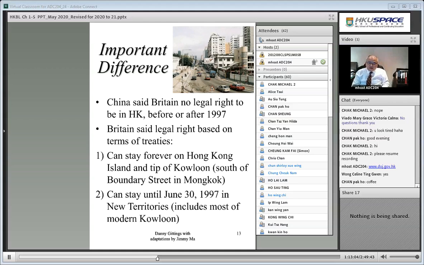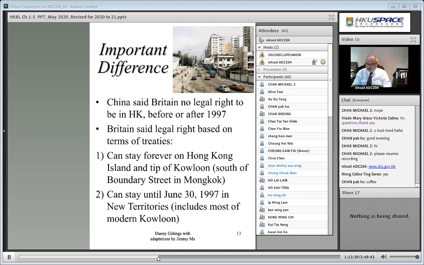Now, again, a little bit of history, just highlighting the respective positions of the two governments. China, of course, takes the position that Britain never had any legal right over Hong Kong, be it before or after 1997. Britain, of course, insists that, at least with the treaties, south of Kowloon is a colony.